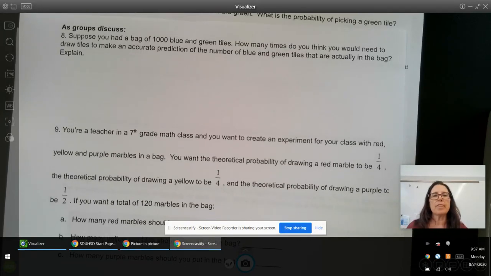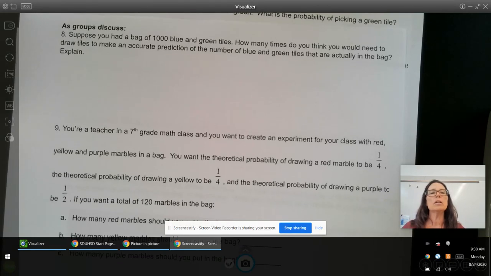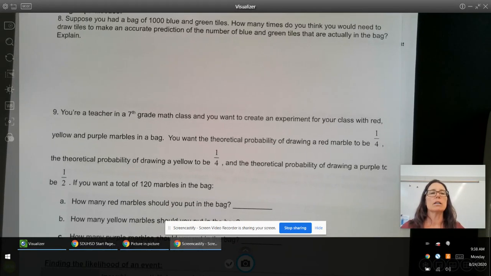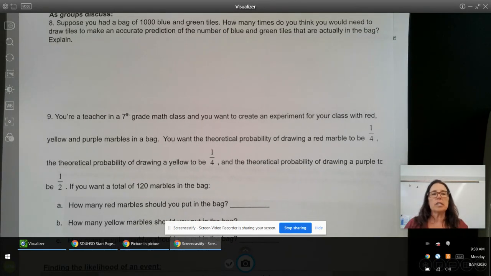Suppose you had a bag of 1,000 blue and green tiles. How many times do you think you would need to draw to make an accurate prediction of the number of blue and green tiles that are actually in the bag? You just noticed, I hope, that 6 wasn't that many draws to get an accurate account. 18 was much more accurate.